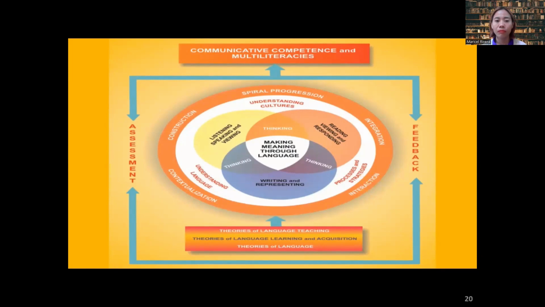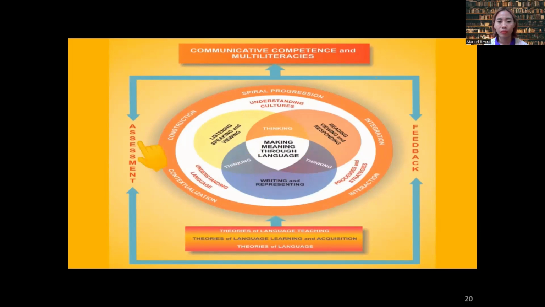The intricately intertwined and integrated listening, speaking and viewing, reading, viewing and responding, writing and representing promote the same outcome, which is thinking. It enables the students to make meaning through language. The main goals of the English curriculum are then achieved, honing communicative competence and multiliteracies among learners.